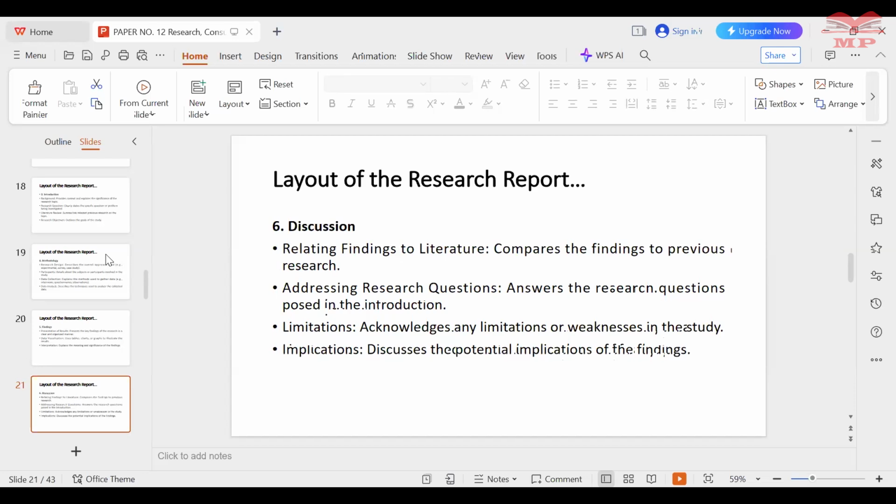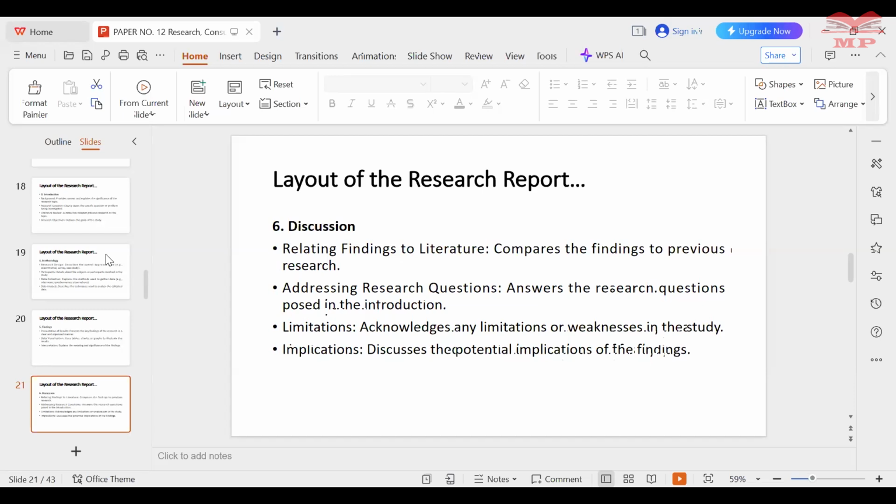So there could be a limitation in terms of the methodology, a limitation in terms of location, a limitation also in terms of time. That is important to come out so that the context of the study is understood in relation to the recommendations that will be coming out.